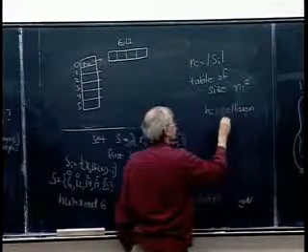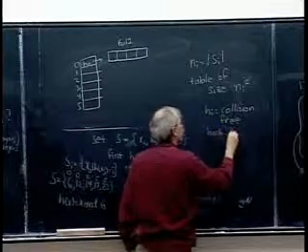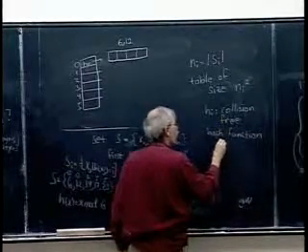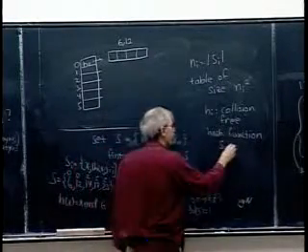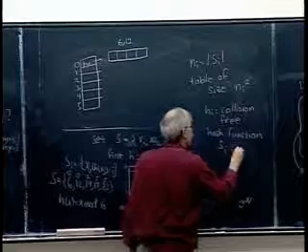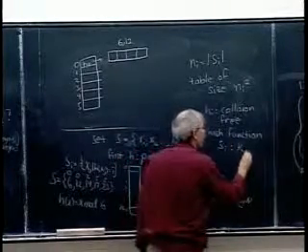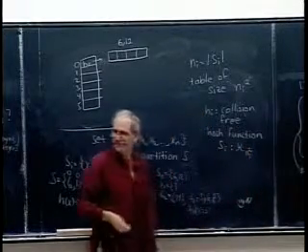What is h sub i? It is the collision-free hash function for S sub i, taken from a universal collection H of size n sub i squared.